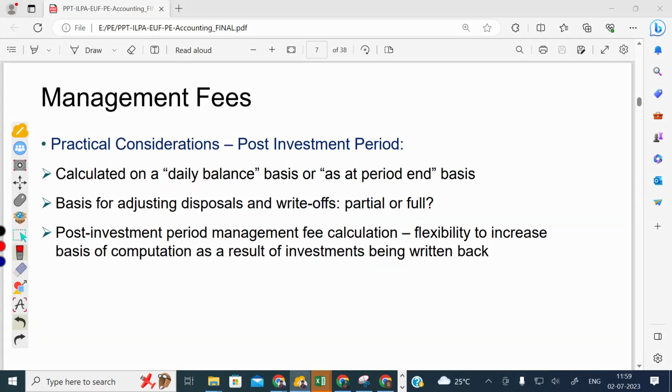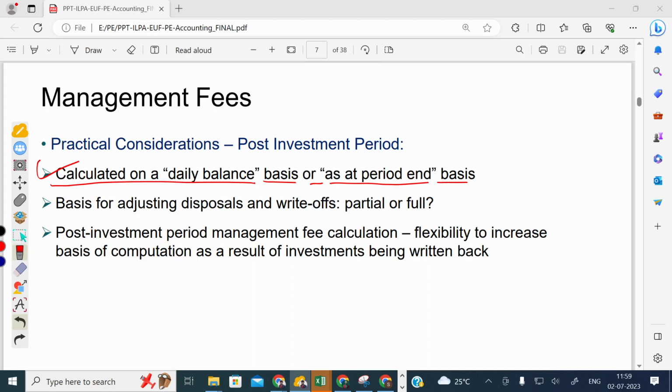Okay. So a practical consideration, which is also important while calculating the investment, is whether management fees are calculated on a daily balance basis or as at period end basis. You can calculate management fees on a daily basis.